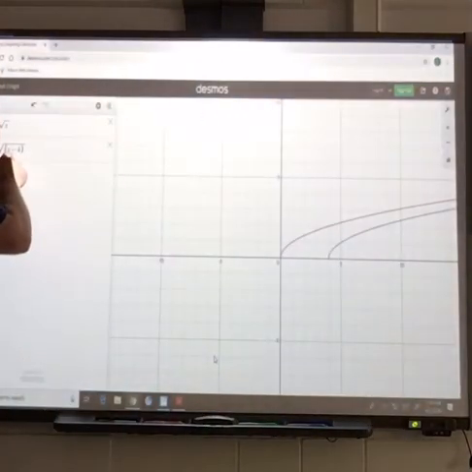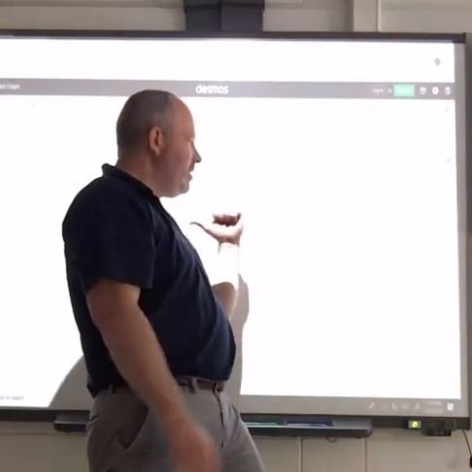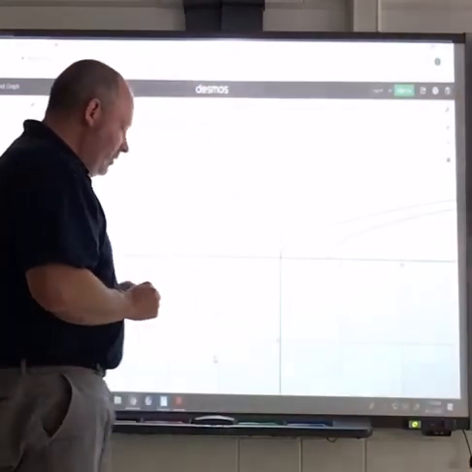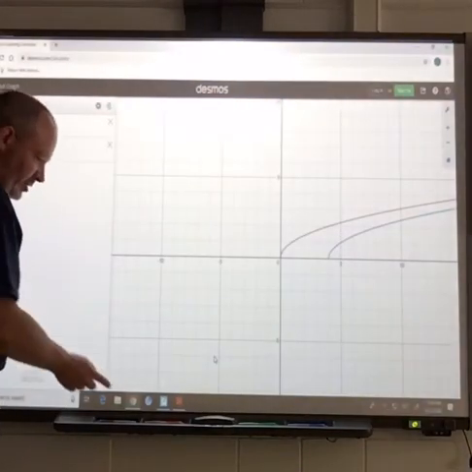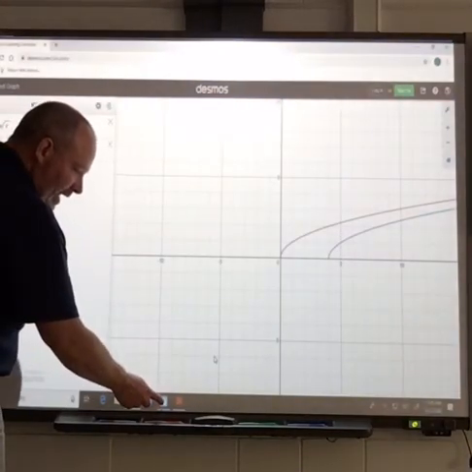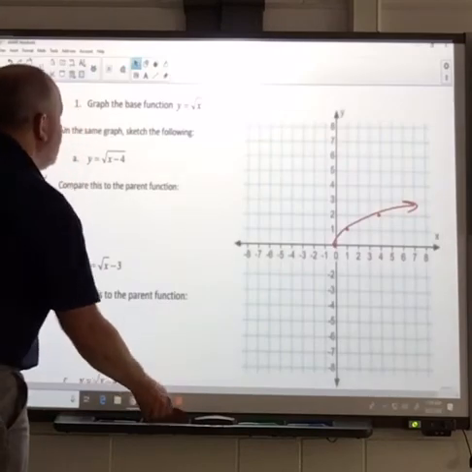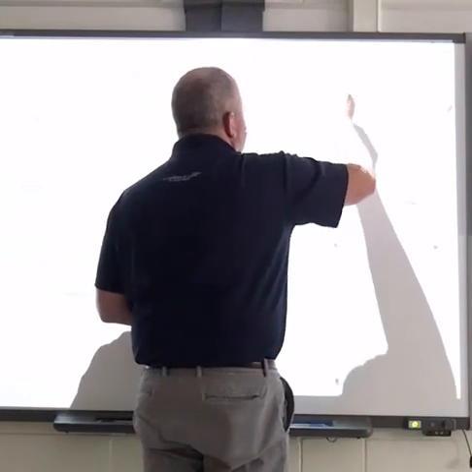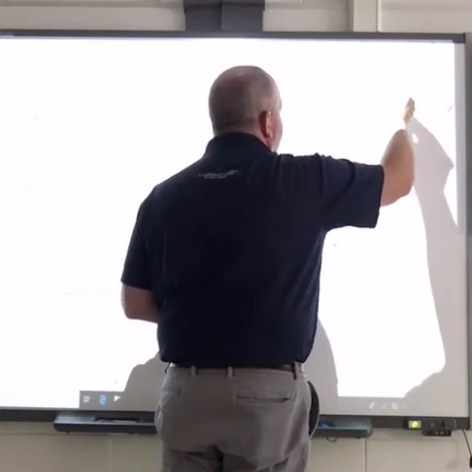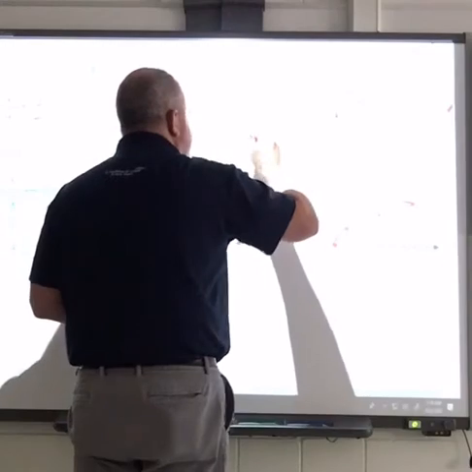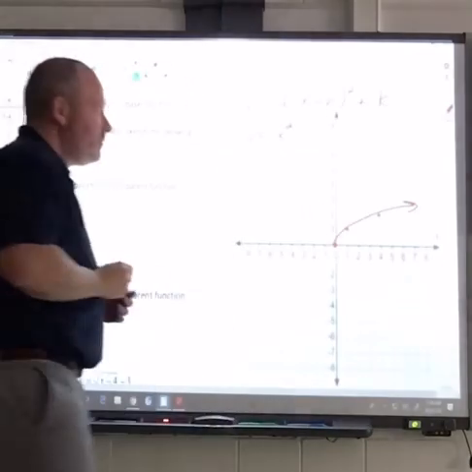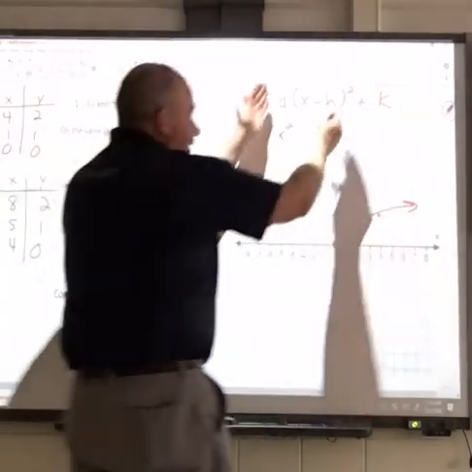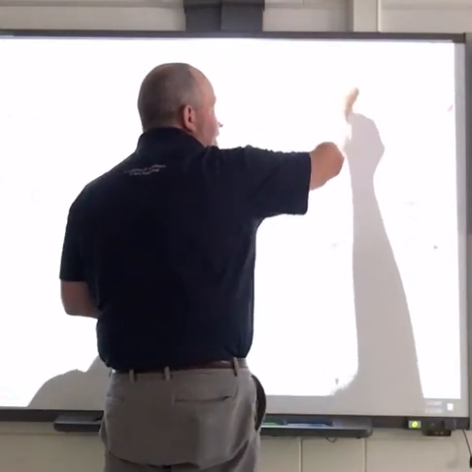Now, it's a minus 4, so you think minus will go in this direction. But remember, it shifted to the right. And if you remember from last year, when we looked at our base function for quadratic, y is equal to a(x minus h) squared plus k, and what we were originally graphing was the function y equals x squared, then what you'll notice is that inside the squaring is my left or right thing.